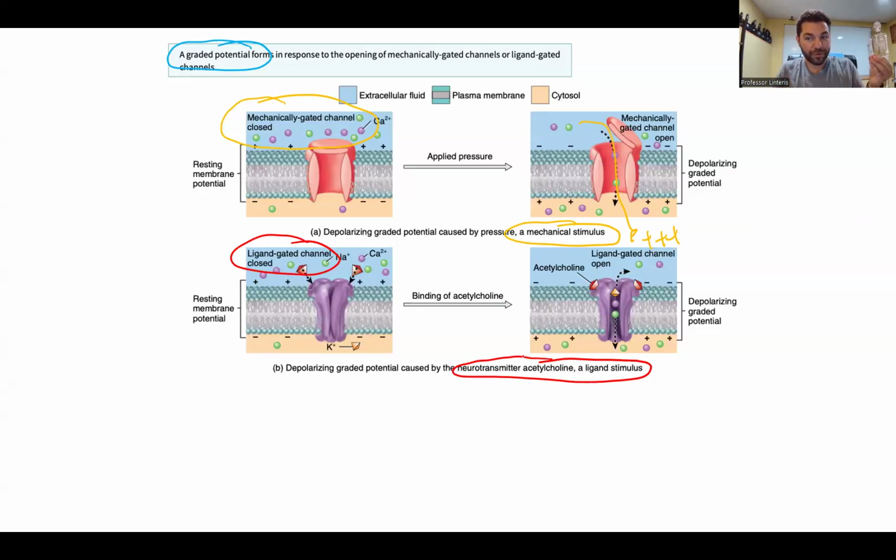So some of those neurotransmitters that we've been talking about that get released can bind to a neuron, aka bind to a ligand gated channel, and it will cause depolarization. If that chemical binds, it opens up a channel, positives come in. Mechanically gated, if I put pressure on something, the channel opens, stuff can come in. Ligand gated, chemical binds, opens up, stuff can come in.